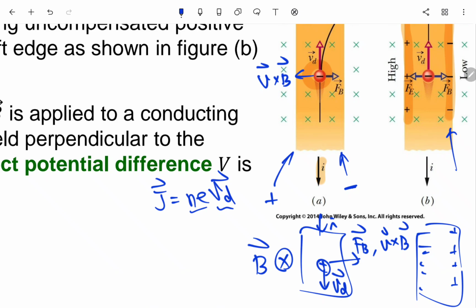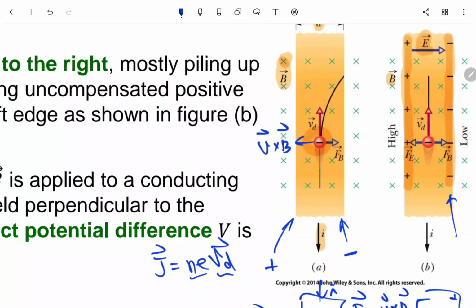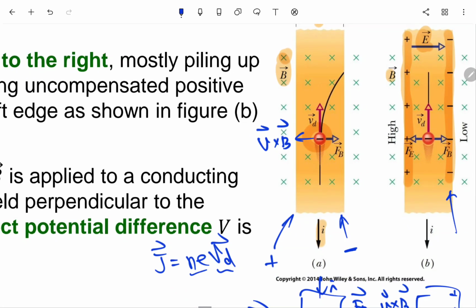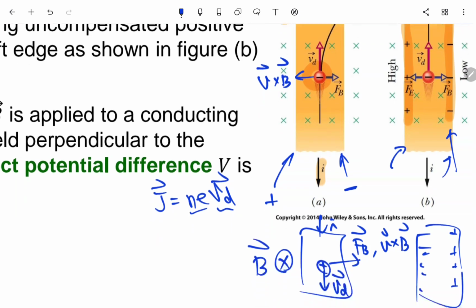With this setup, we can actually measure a higher potential on the left side and a lower potential on the right side.